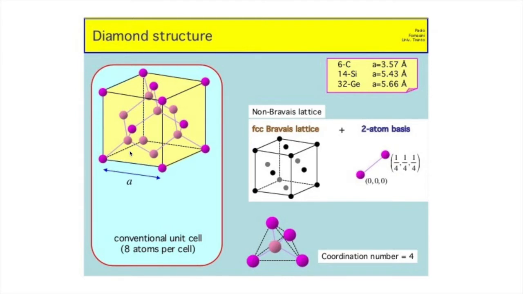And so when we want to talk about the Bravais lattice, we already know that it is not the diamond Bravais lattice because that doesn't exist. So we have to take one of the other Bravais lattices that exist. So in this case, we are limited to either primitive cubic, body-centered cubic, or face-centered cubic because it is cubic in nature.